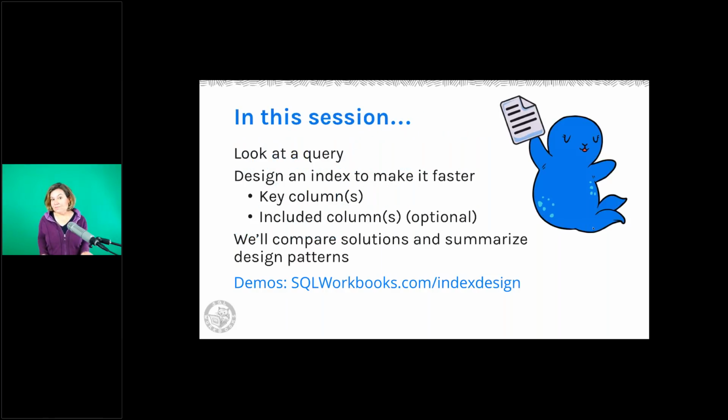So what we're going to do is look at a query, and I'm going to challenge you to design an index to make it faster. Specifically, I'm going to challenge you to design a disk-based row store non-clustered index. Now, that's a lot of words all together at once. Basically, what we want to see is how fast we can make this query with just a classic non-clustered index in SQL Server.